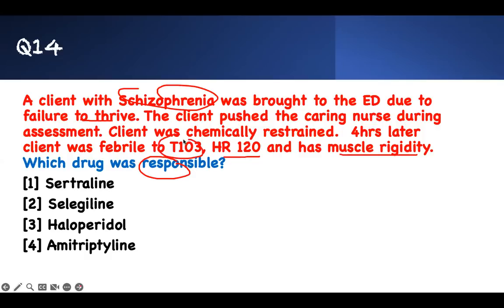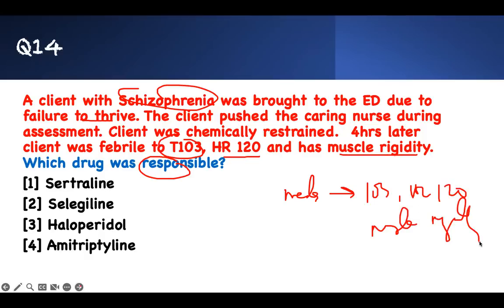This is a no-brainer, right? You came in agitated, I gave you a medication, and all of a sudden your temperature is 103, your heart rate is 120, and you have muscle rigidity. What do you think? Classic.